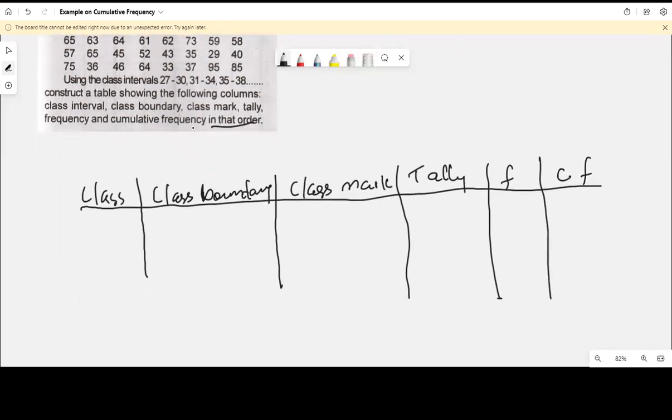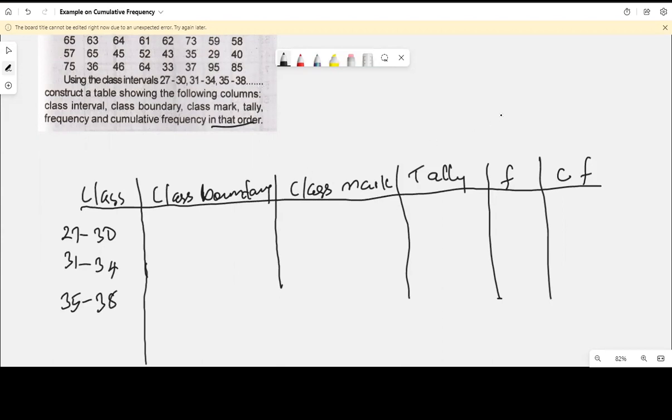Okay, so let's put in the class intervals. We have the interval of 27 to 30, then 31 to 34, 35 to 38. You can see there's dot, dot, dot, meaning the interval continues.